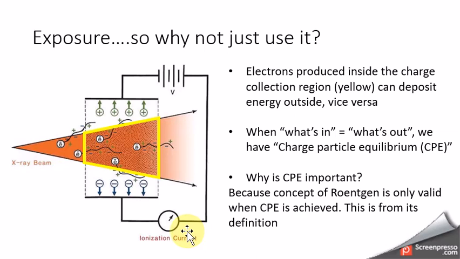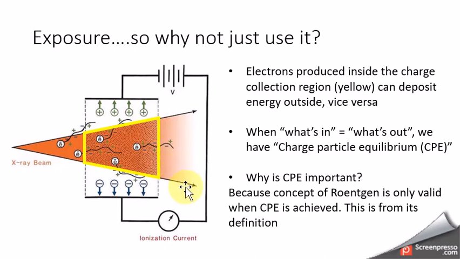So one important concept is called charged particle equilibrium. Basically, the electrons produced inside the collecting region can deposit energy not only inside this region, but they can also exit and deposit the energy outside the region.